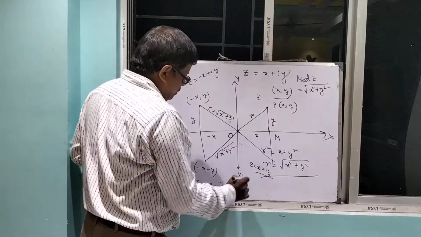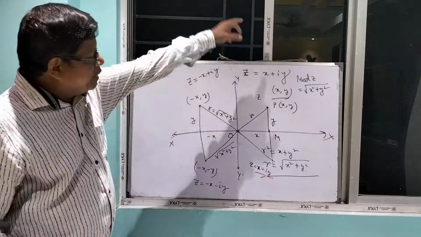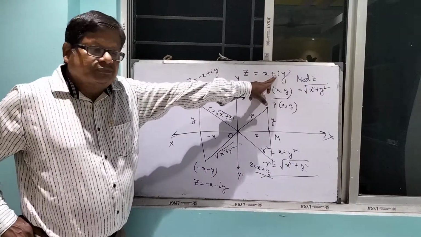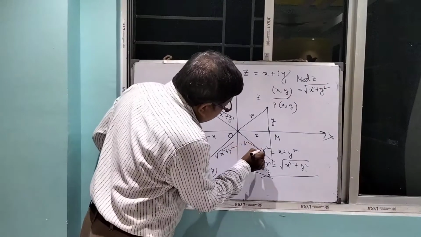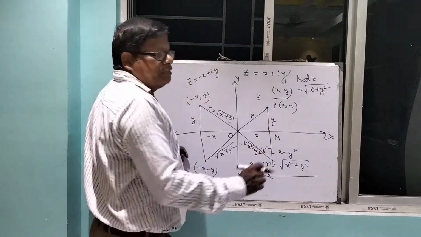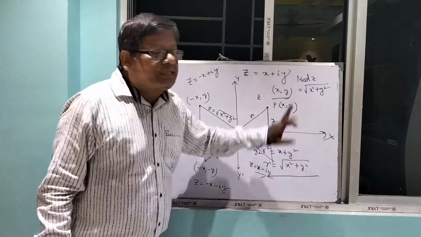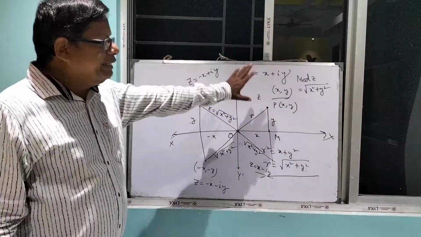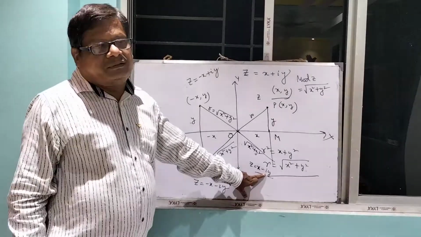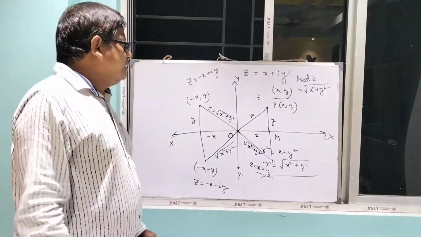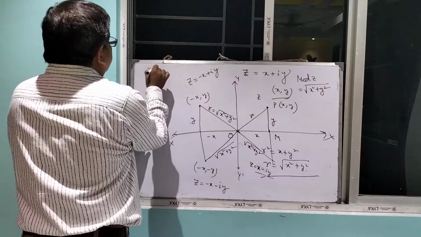Here is X plus iY, and here is X minus iY, but the distance does not change; it will always be root of X squared plus Y squared. If Z equals X plus iY, then X minus iY is its conjugate complex number, Z bar.